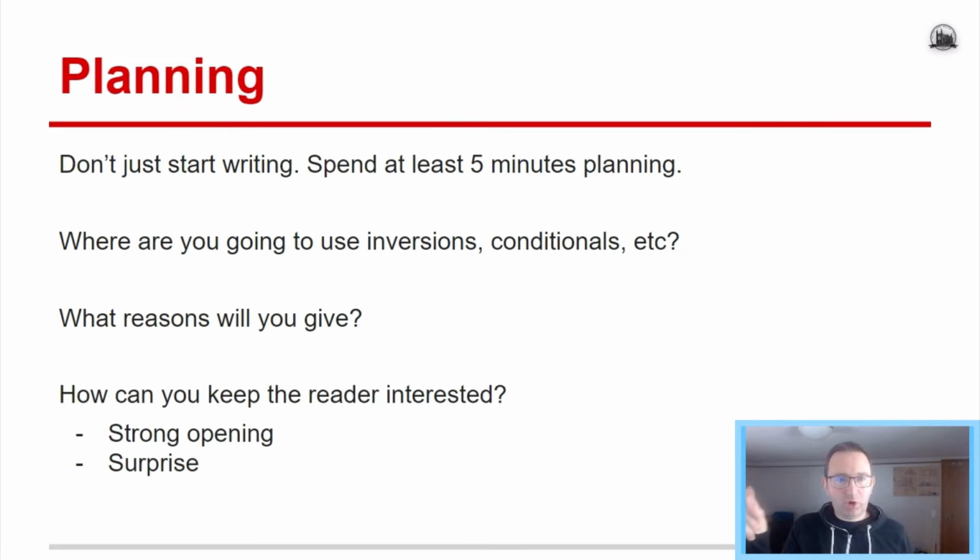So if you start with a strong opening, great, I want to read it then. But also through the text, these essays can get a little bit boring, and that's not your fault. Sometimes essays are boring, right? Spending money on a museum or a sports center. It's not the most interesting topic. So you could just put in some surprises.